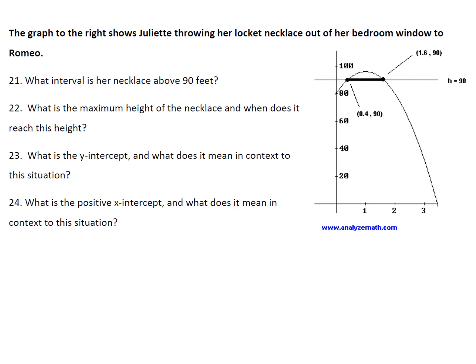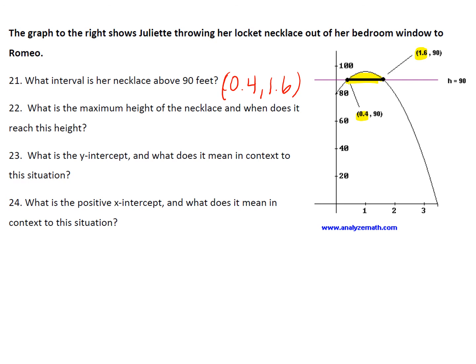So we're looking for this section of the graph here, because that is where it is above 90 feet. They've actually labeled these for us, so we can see that our graph was at 90 feet after 0.4 seconds, and again after 1.6 seconds. So for letter A, we can say from 0.4 comma to 1.6, using that interval notation.